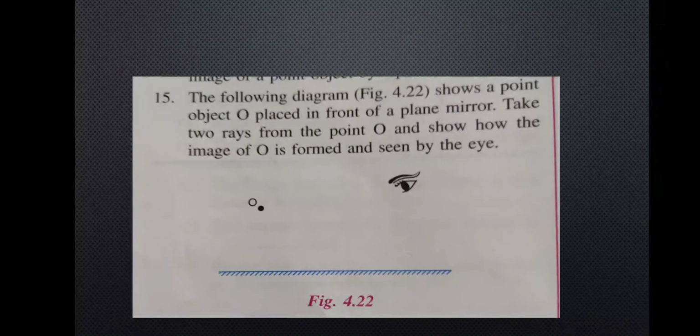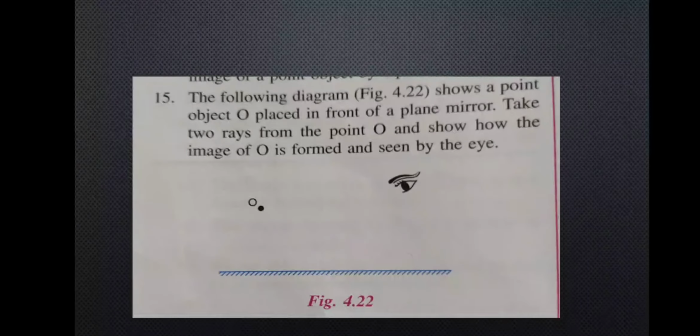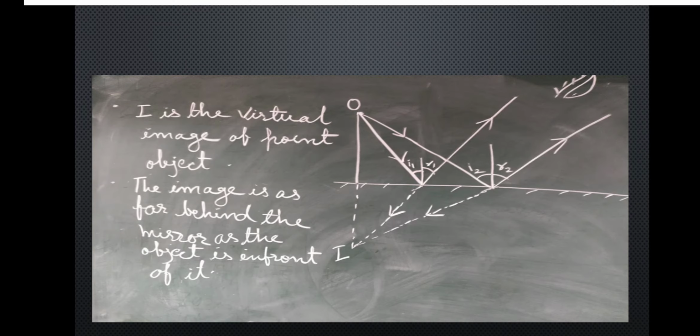Next, the following diagram shows a point object O placed in front of a plane mirror. Take two rays from the point O and show how the image of O is formed and seen by the eye. Okay, so I have done it here.